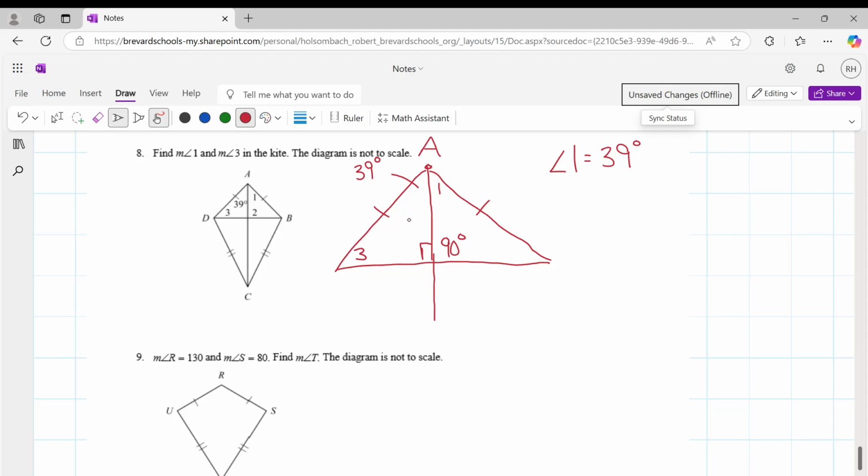Now, on this left-hand triangle where angle 3 is, it's a right triangle. One of the angles is 90, one angle is 39, we need the third angle. So the measure of angle 3 is going to be equal to 180 minus 90 minus the 39 degree angle.